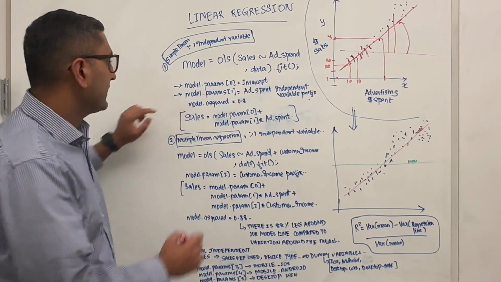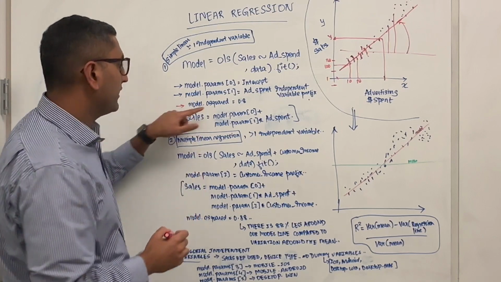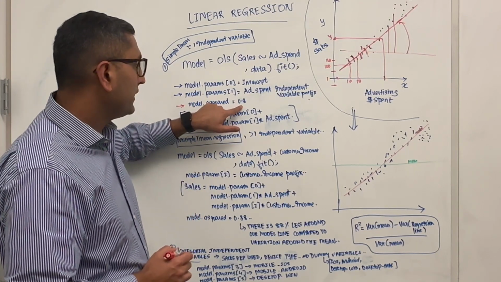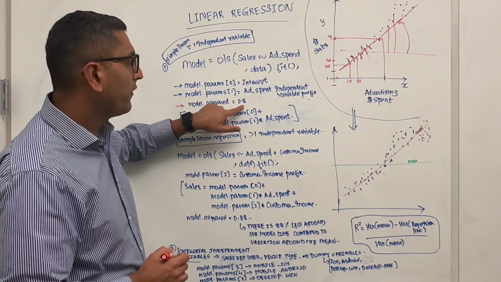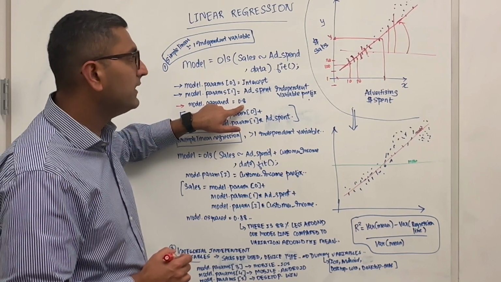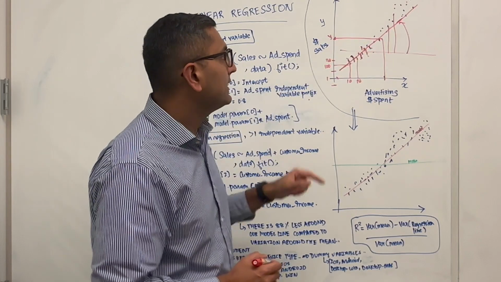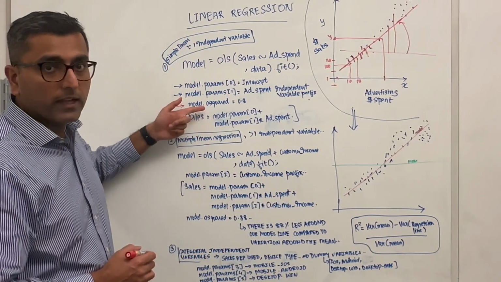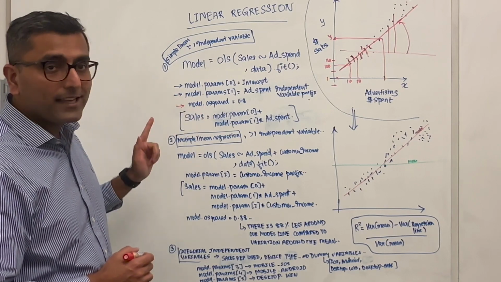And you'll also get an R squared, model R squared. In this case, it's 0.8. So it's basically telling you that 80% of the variation in these data points is explained by this model. That's the key takeaway.